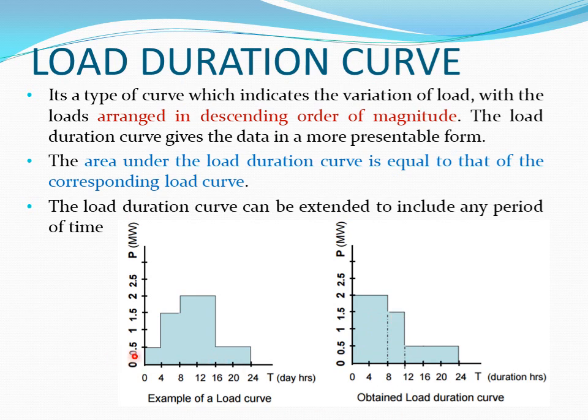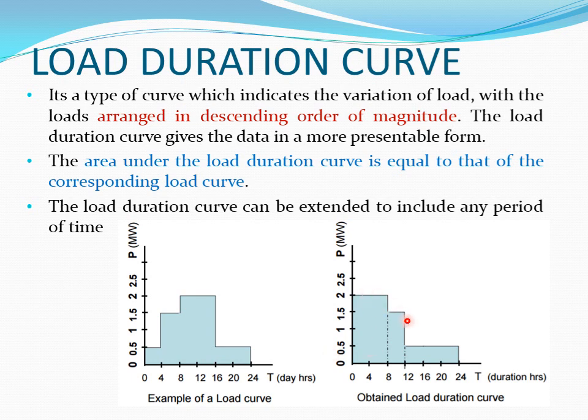Next demand will be for 0.5 megawatt. So 0.5 megawatt initially some 4 hours, and then at the end of the day from 16 to 24 hours we are in need of 0.5 megawatt. So here 8 hours, here 4 hours. So totally 12 hours from 12 to 24. Total 12 hours we are having a 0.5 megawatt demand.